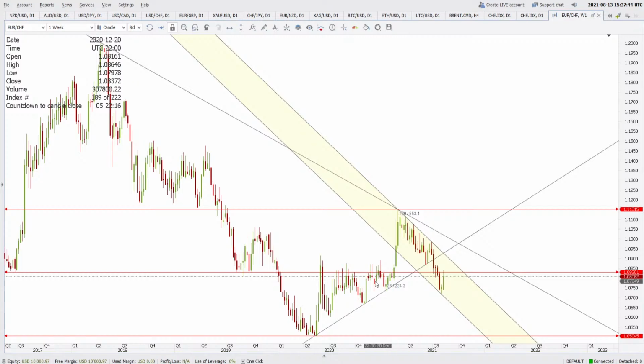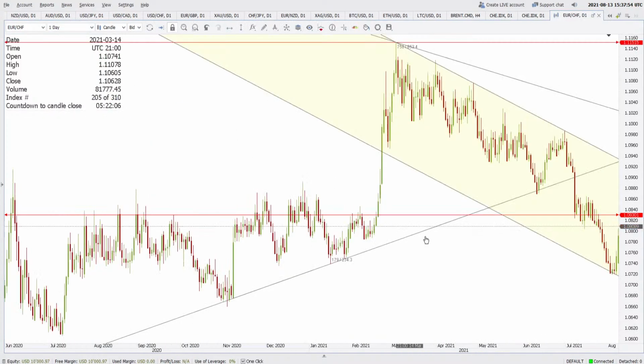From weekly, we can see that this area was a area of good resistance and support. So 1.0830 is acting as a good resistance for the price even today.